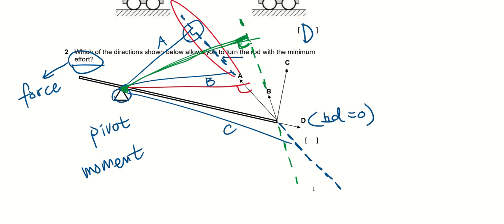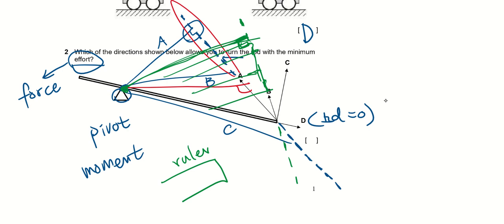If you're still not sure, I would ask you to use a ruler. Let's say this is my ruler. You place it on the edge here, on this line, and you slide your ruler until it actually touches the point.